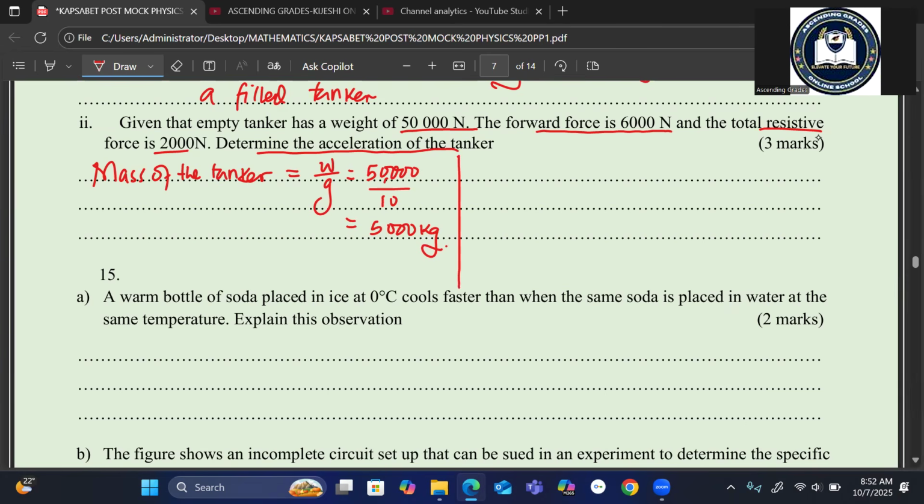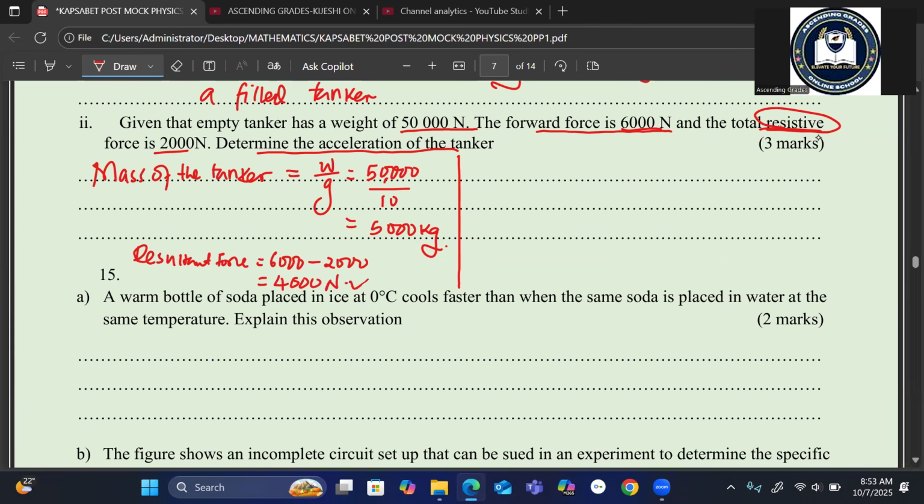The next part that you need to look at is the resultant force. So, the resultant force will be given by the applied force, which is 6,000, minus the resistive force of 2,000. So it will be 6,000 minus 2,000, and you're going to get 4,000 newtons.